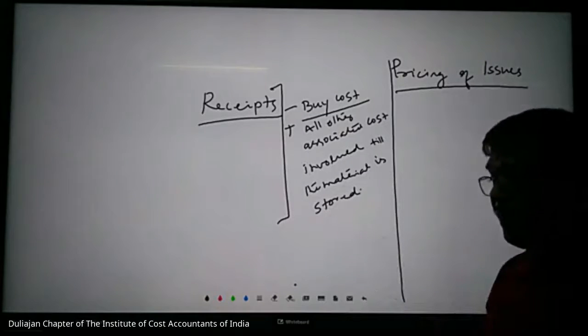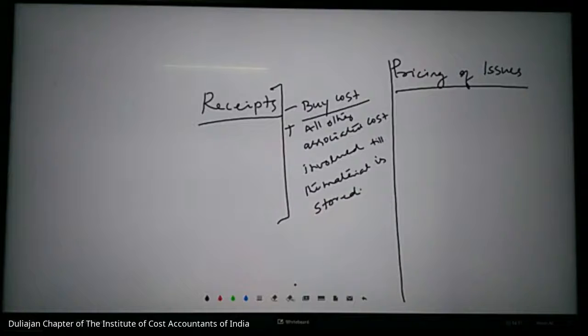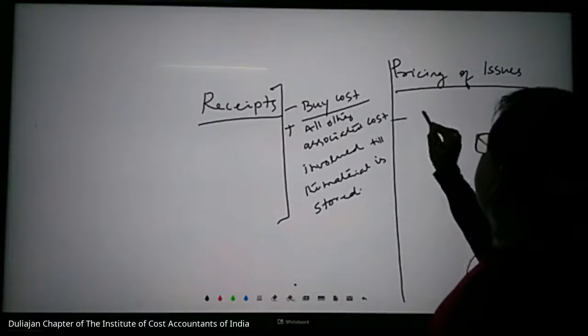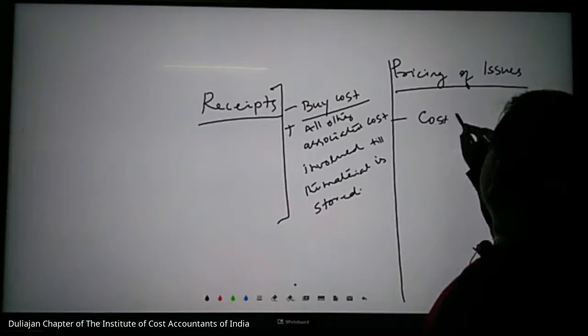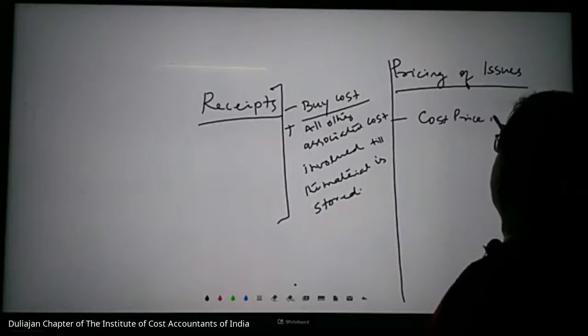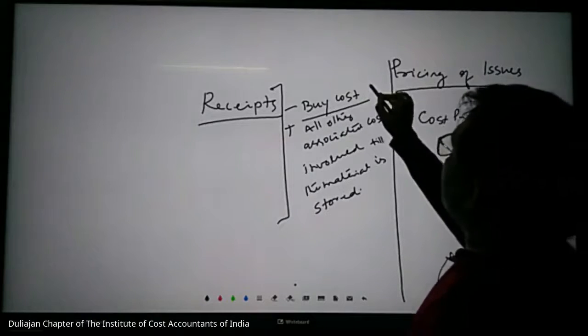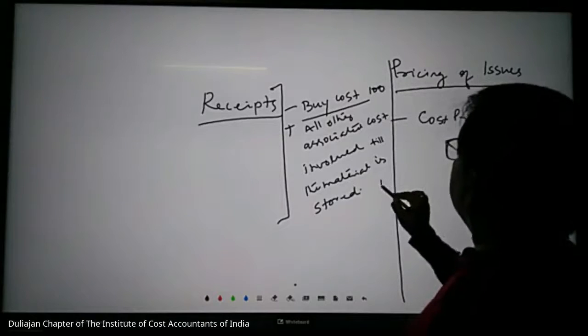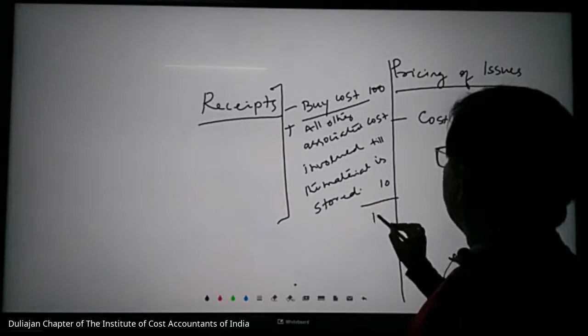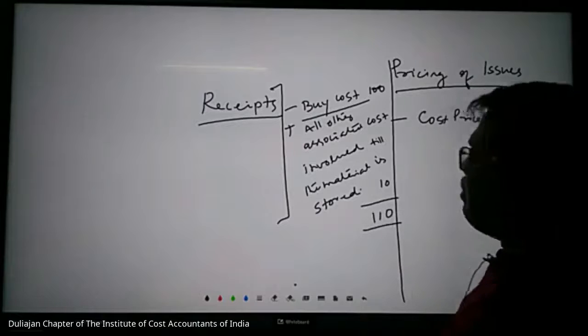So there will be different methods. Like if I want to do the cost price method, for example, buying cost was 100 and other costs were 10, so I have purchased at the rate of 110.